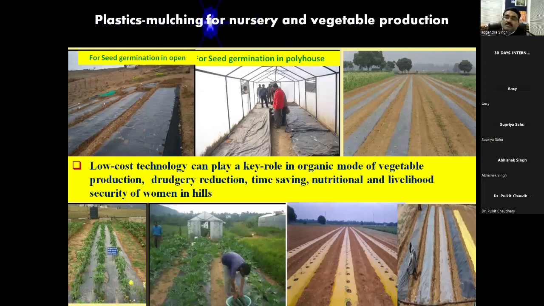If you integrate a drip irrigation system along with the mulching, that will be better for rain-fed areas, dryland areas, sandy soil, and other areas suffering from water stress, moisture stress, and weed incidence. These are the beauty of this technology: it minimizes those problems and enhances yield and income by 30 to 40%.